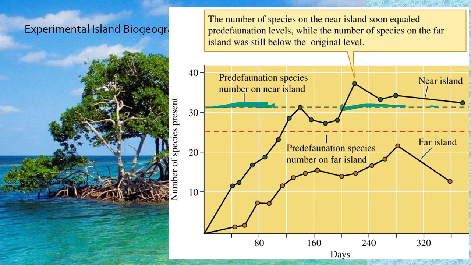So you had higher species richness than the equilibrium and then went back to the equilibrium. The one that was further away didn't quite make it back to its equilibrium number in this period of time. So clearly it was harder for species to immigrate to that. But even though they were getting to these numbers, the species composition was changing. They did have species turnover.